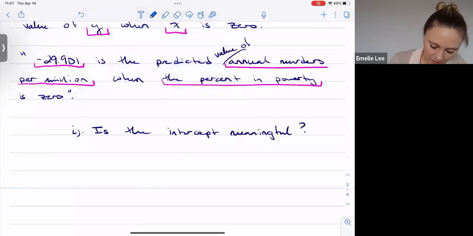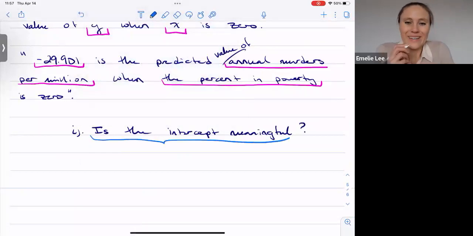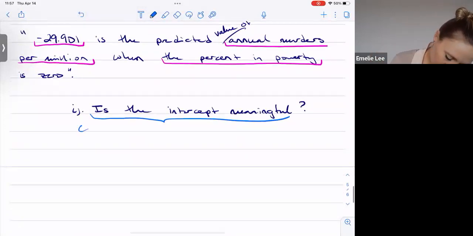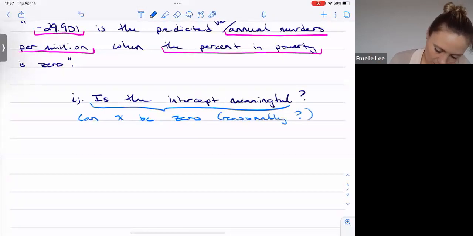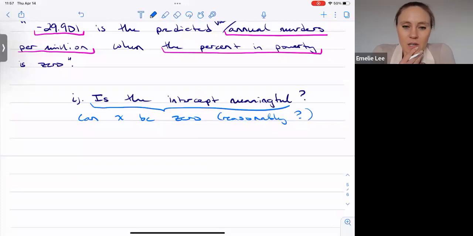Really what I'm asking is, can X be 0 reasonably? Okay. So in this case, I would argue no, but this is one of those things where you pick a camp and you stick with it, right?